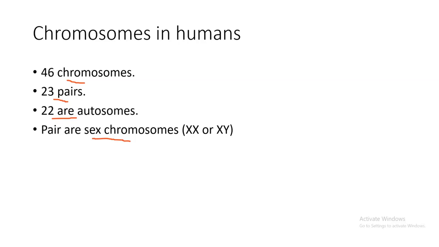You can either have XX or XY. XX represents female, so whenever someone has got XX, it's a female. Whenever someone has got XY, it's a male. And then we also have autosomes. Remember, we've got 23 pairs. One pair is the sex chromosomes. Therefore, the remaining 22 pairs will be autosomes.